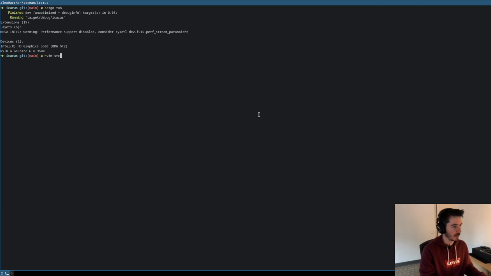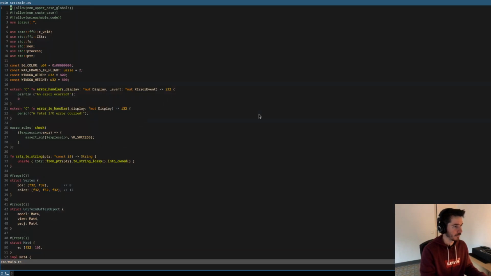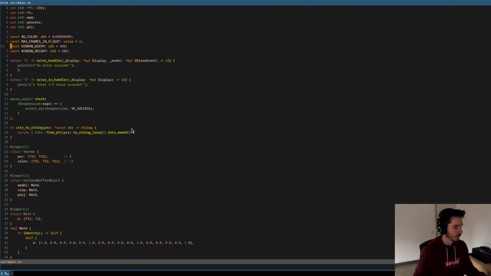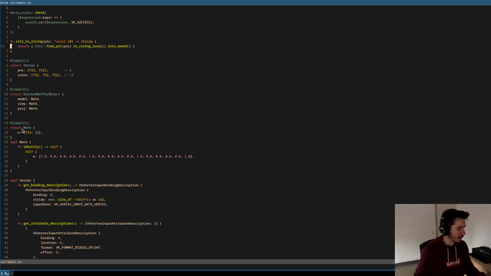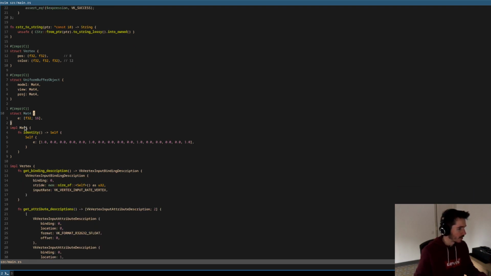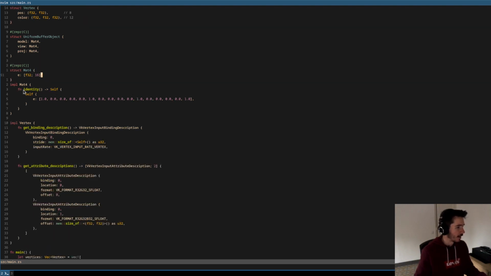If I go to the code in here, you can see that we added this matrix 4 type, which is just an array of 16 floating point elements. And so far we implemented the identity method, which just returns the identity matrix.